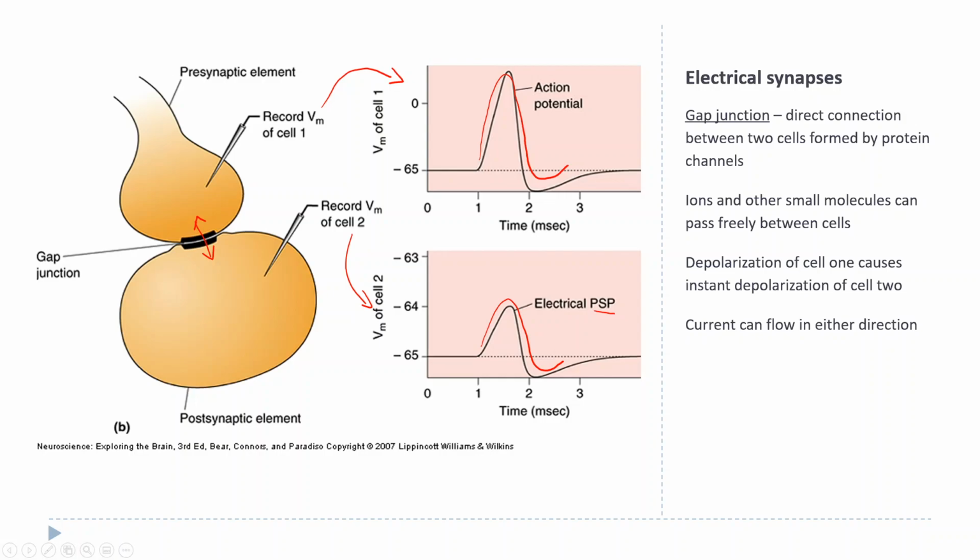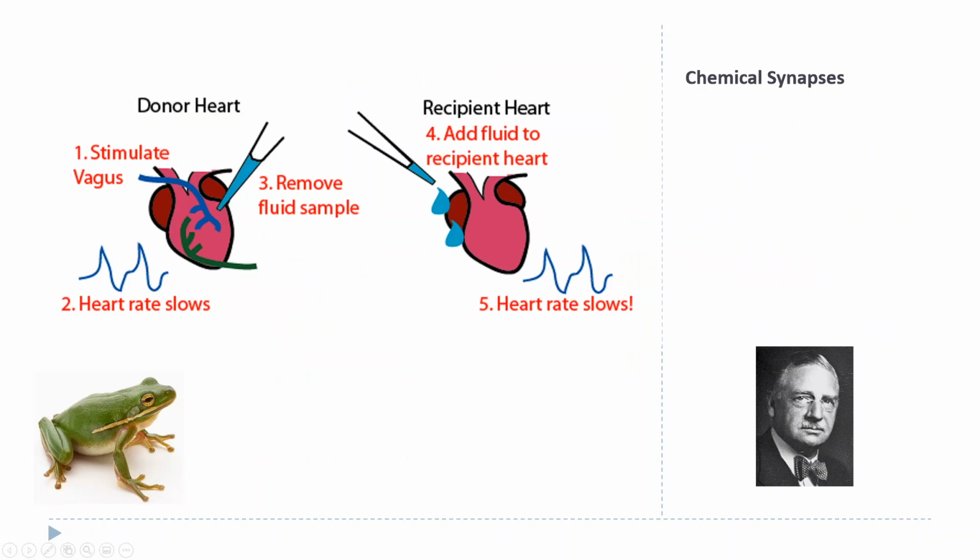And really, Ramon y Cajal only proposed the neuron doctrine based on just looking at the cells. So he had no direct evidence that chemical synapses exist or that cells weren't contiguous with each other. It wasn't until later that you had experiments showing that chemical synapses are in fact real and are the main way that neurons communicate with each other and with other types of cells.